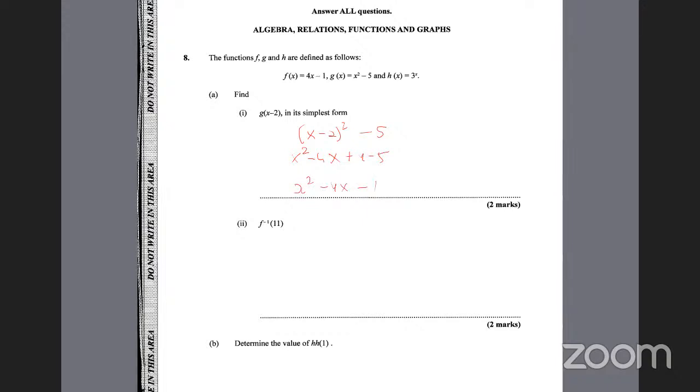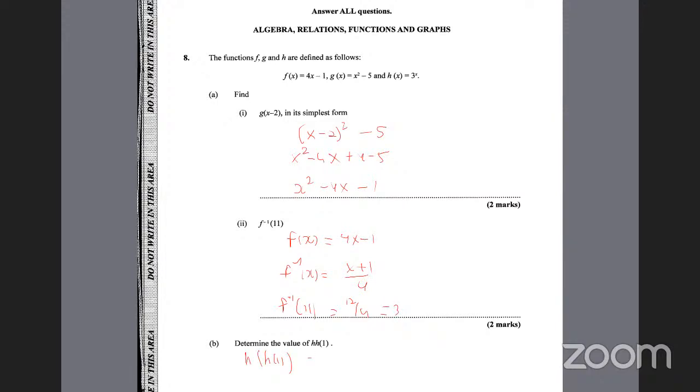f inverse 11. So let's find f inverse first. f of x is what? 4x minus 1. So do all these steps and you'll get f inverse x is x plus 1 over 4. So f inverse 11 is 12 on 4, which is 3. Then they want h of 1.